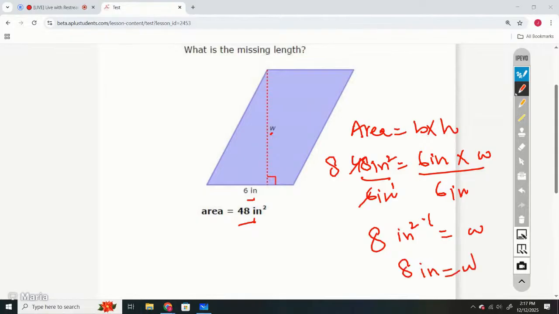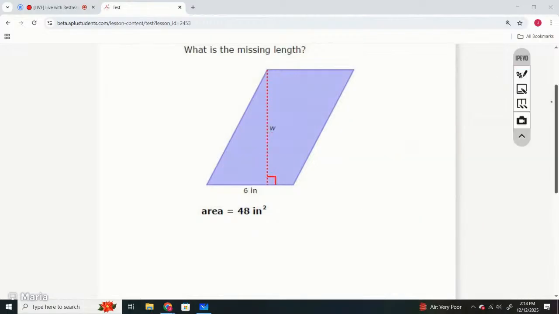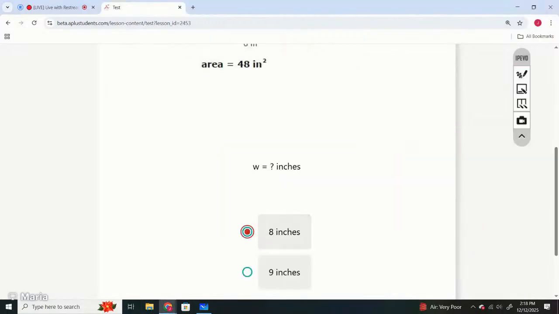The width of the parallelogram is 8 inches. So the correct option is W equals 8 inches.